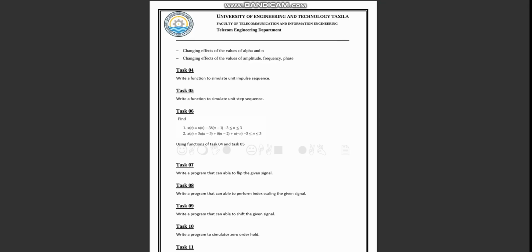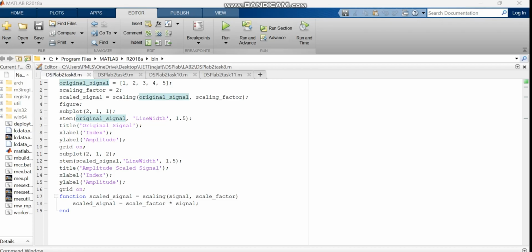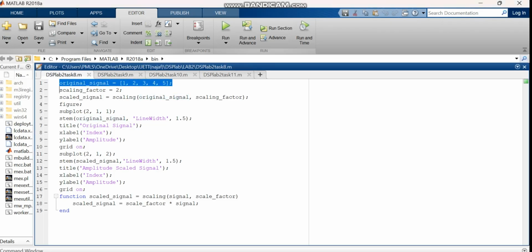In task number 8, we have been asked to write a program that is able to perform index scaling on the given signal. In this code, we have given the original signal as 1, 2, 3, 4, 5 and we have defined the scaling factor, that is 2.